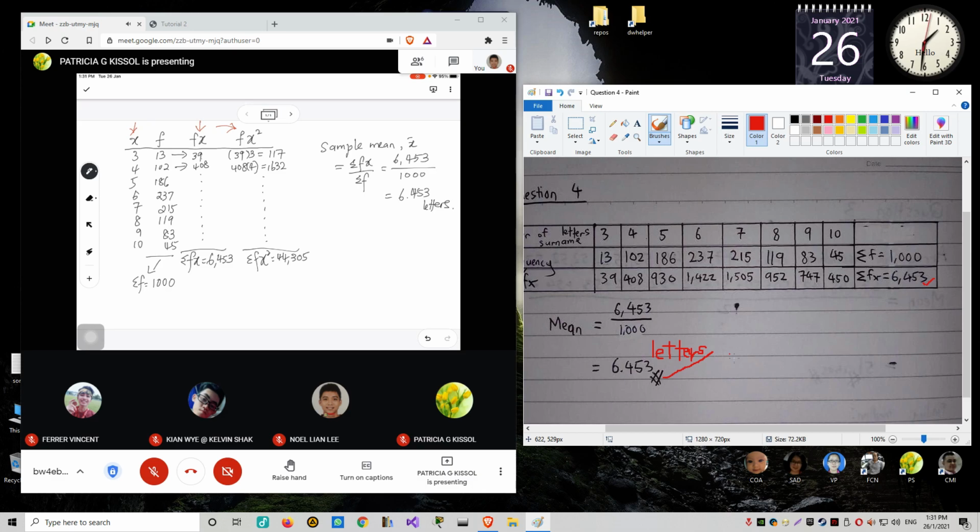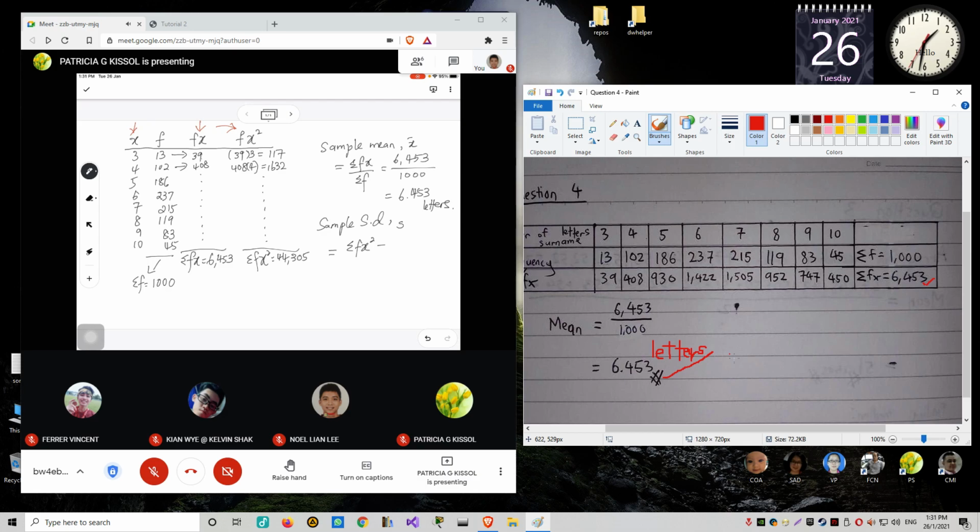So just to share with you the sample standard deviation, same formula, just to share with you the answer. I know Farah and Noel haven't done it, but I just want to show how it is done. Since it's a sample, the symbol we use is the S. Because this is a sample standard deviation with a frequency, we have summation fx squared.